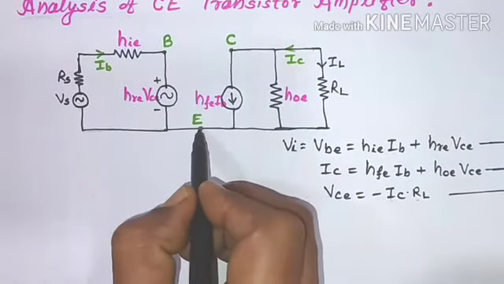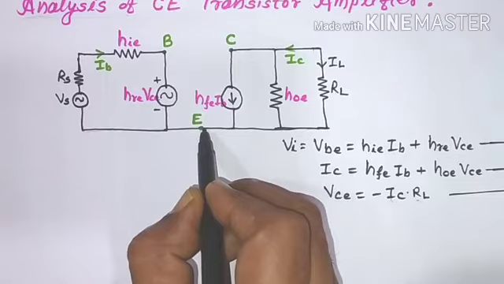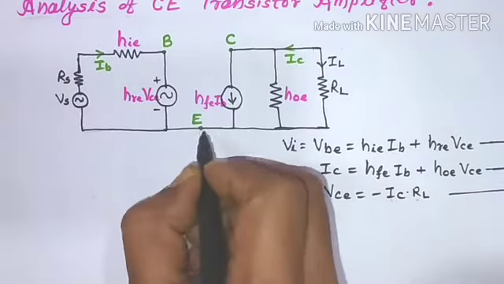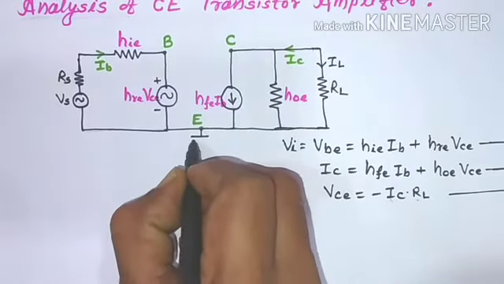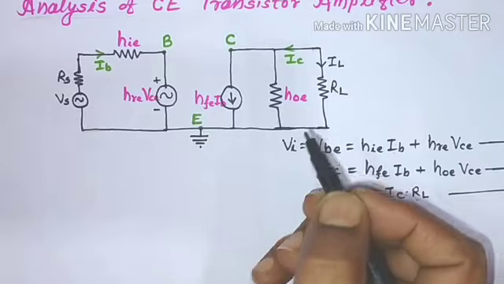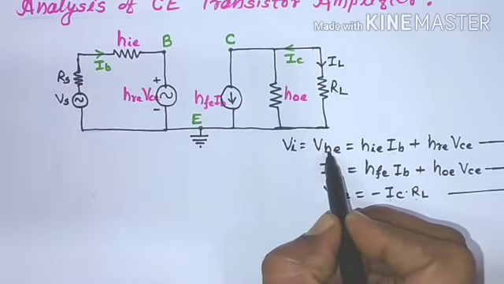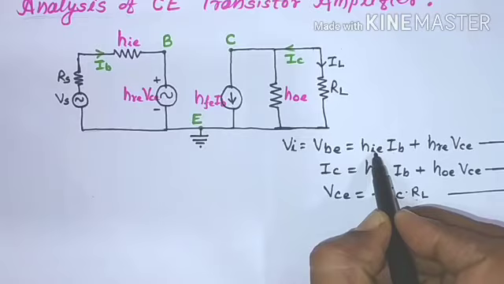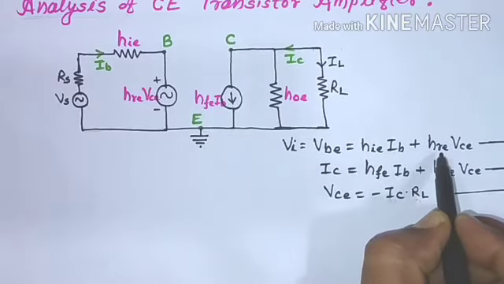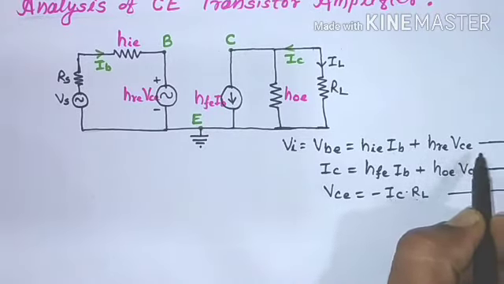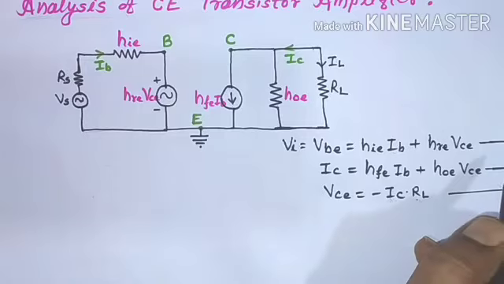Here the emitter is common to input as well as output, so we can make this the ground point. So the input voltage VBE equals HIE into IB plus HRE into VCE. Let us take this as equation A.